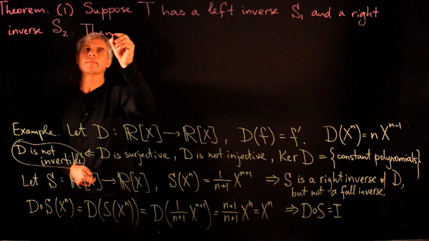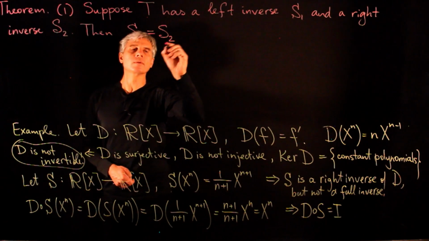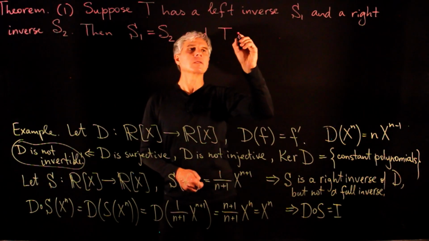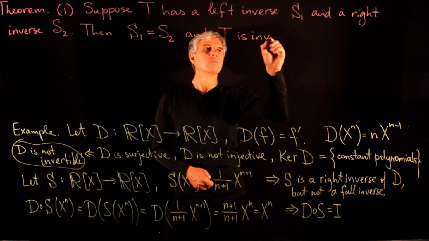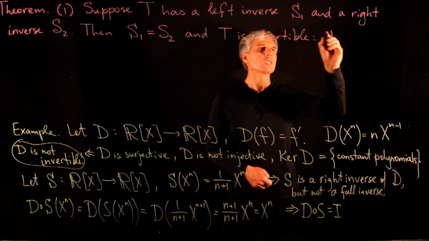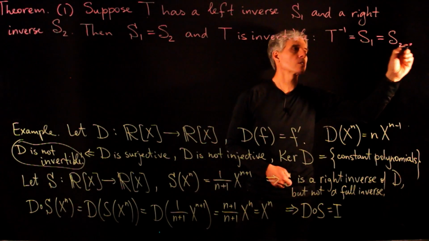Then S1 is equal to S2 and T is invertible. So the inverse of T is this S1, which is equal to S2.